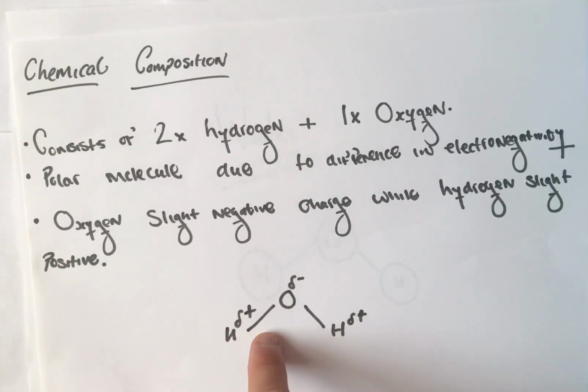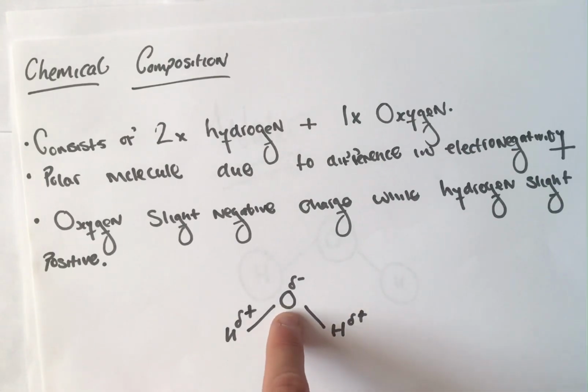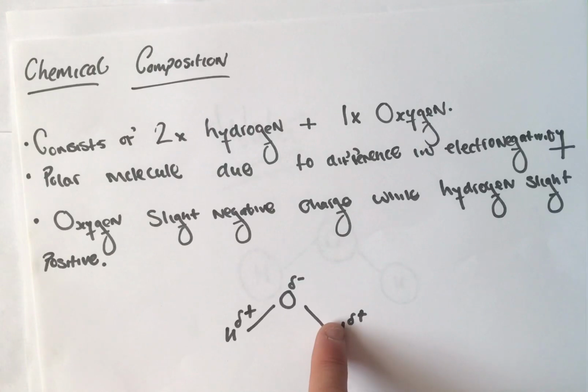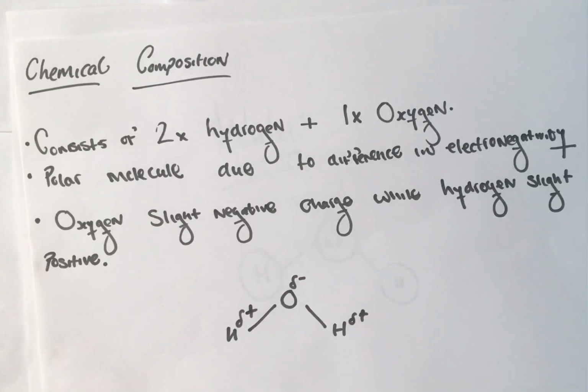Therefore, since electrons are a negative species, this causes a slight negative charge on the oxygen atom and will in turn cause a slight positive charge on the hydrogen atoms. It is due to this polarity that water has very intriguing and interesting characteristics.